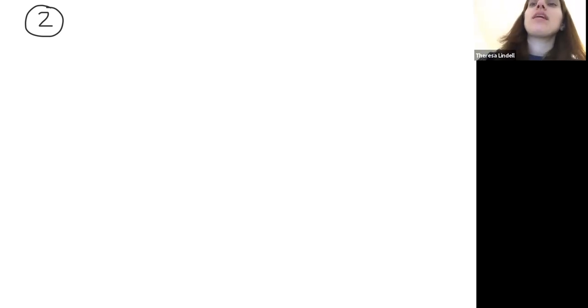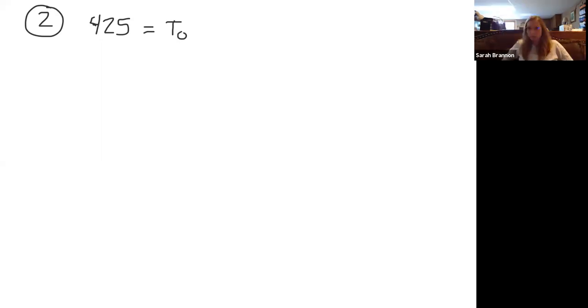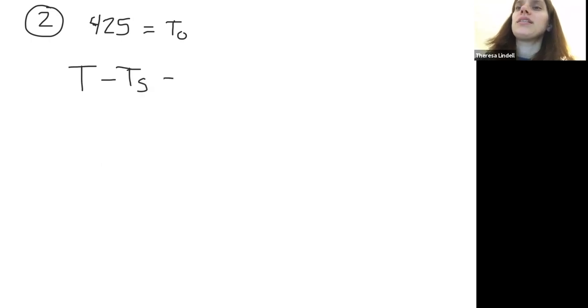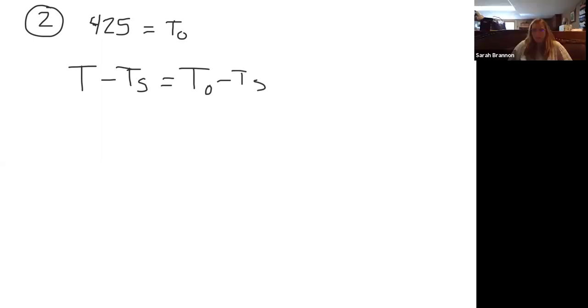Here we go. Number 2, the temperature of a cake when it came out of the oven was 425. So that's going to be T_0. This is where you have to use this formula, right? You have to use T minus T_s equals T_0 minus T_s times e to the negative kt.